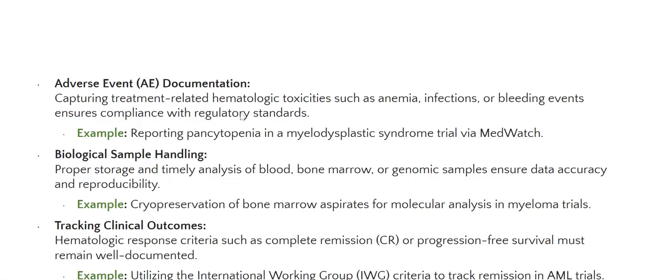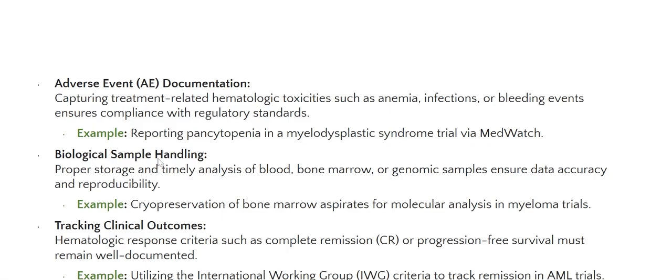Capturing treatment-related hematologic toxicities such as anemia, infections, and bleeding events ensures compliance with regulatory standards. For example, reporting pancytopenia in a myelodysplastic syndrome trial via MedWatch. And MedWatch is one example of software to which AEs are reported or documented.